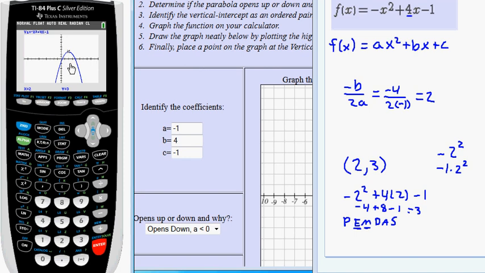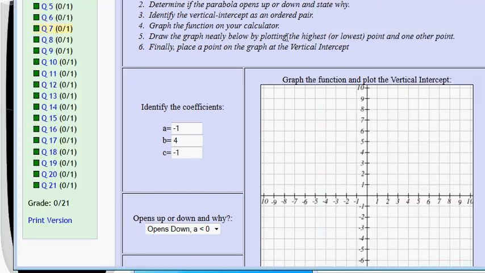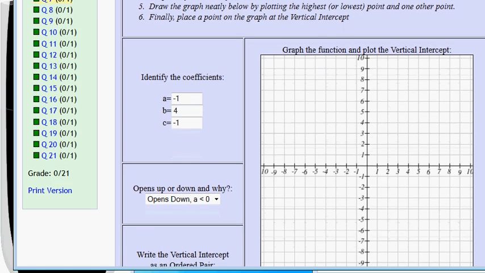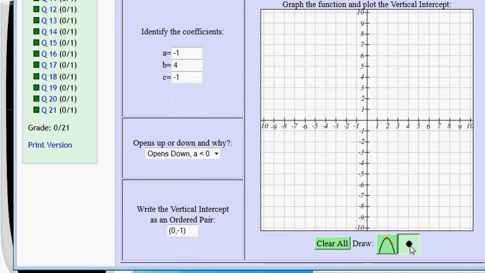So now it gives me an idea how to graph this. We're going to plot the point 2, 3 as the highest point, and the directions, if you remember, say after plotting the highest or lowest point, plot one other point, which since we already know the vertical intercept, I might as well use that in our plot. So make sure you're not on the plot feature, but the draw quadratic feature.